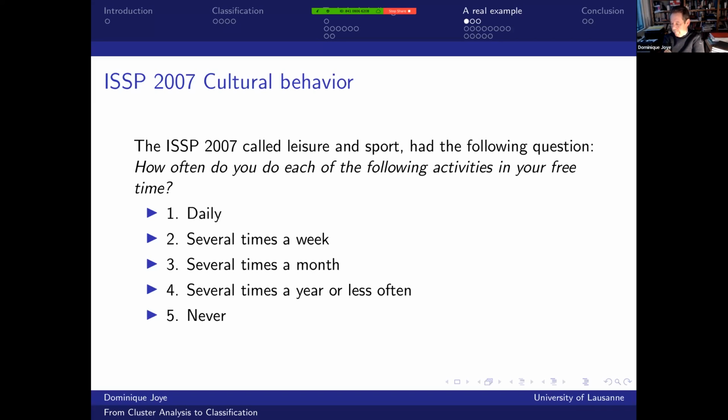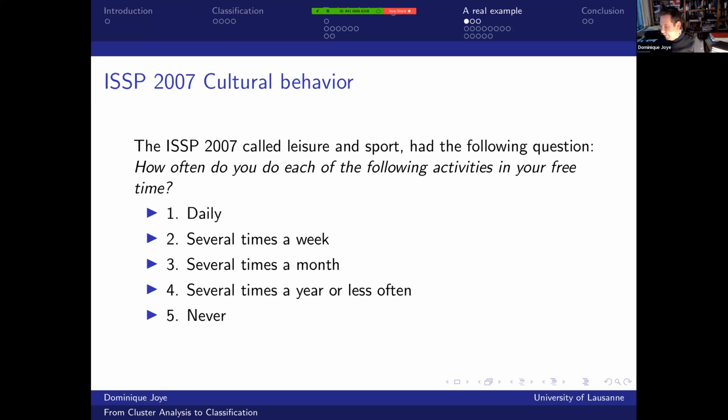I don't know, because in these variables I have the same distances between daily and several times a week as between several times a year and never. So probably I have a problem with the metric if I take this directly as an input of my analysis.